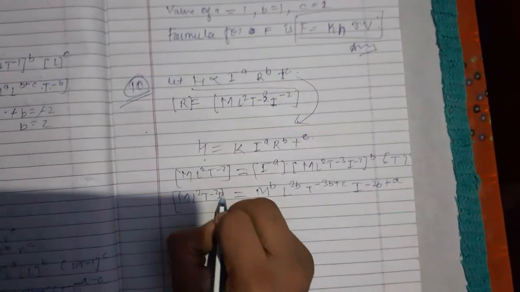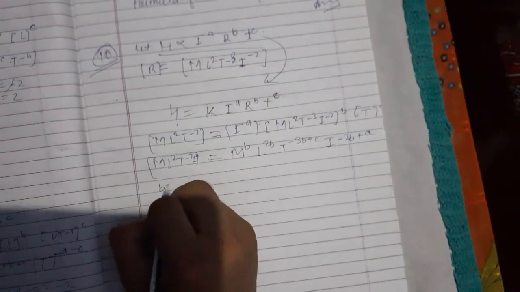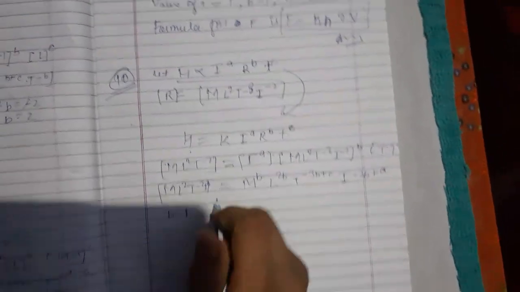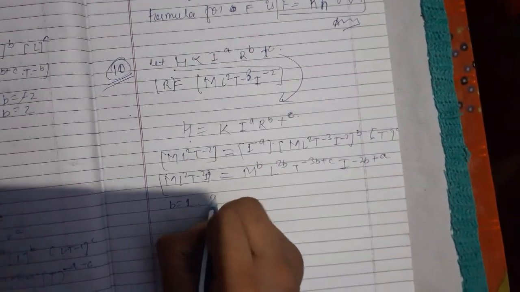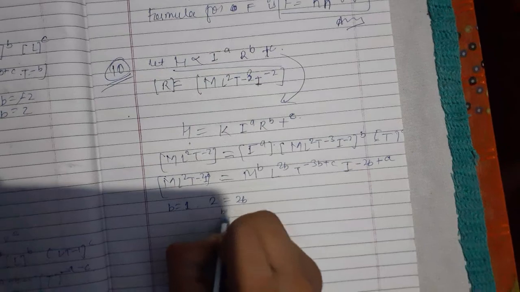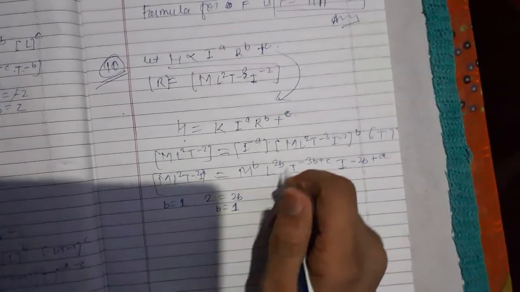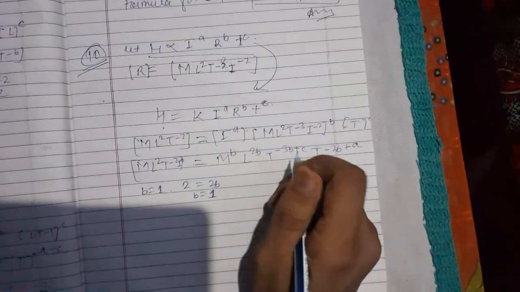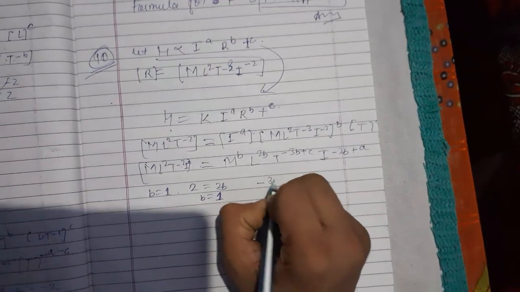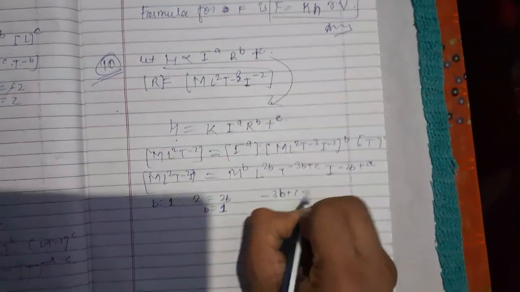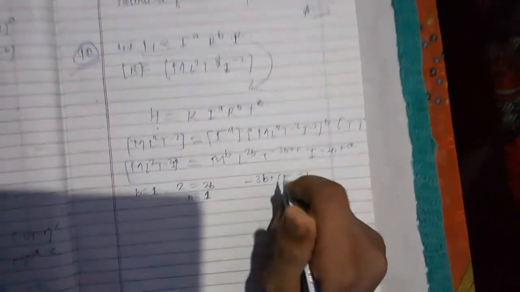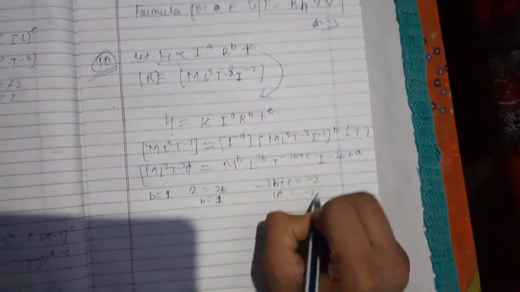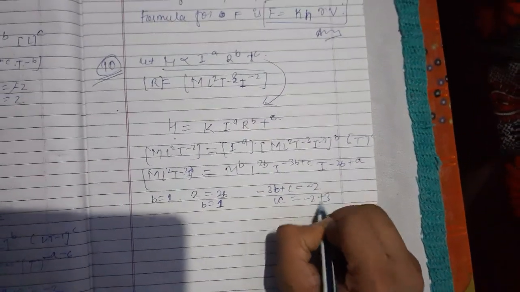And here we take I equals 0, so b equals 1, equating both sides. 2 equals 2b, so b equals 1 here also, and for T, minus 3b plus c equals minus 2, so c will be minus 2 plus 3, that is 1.